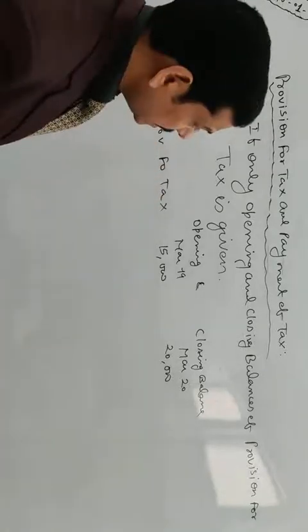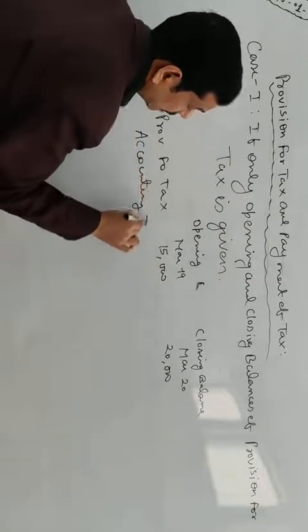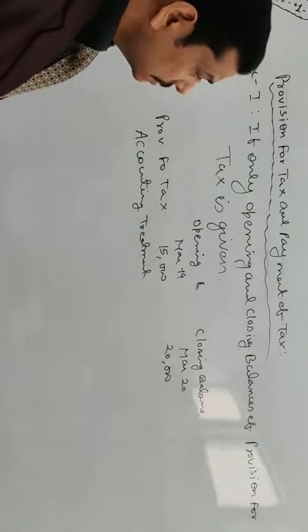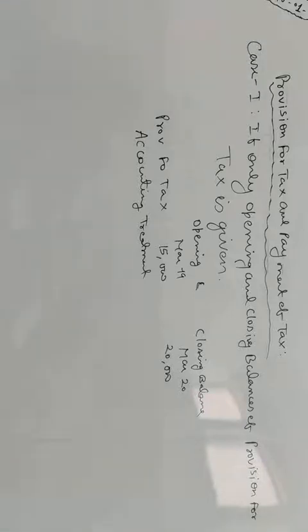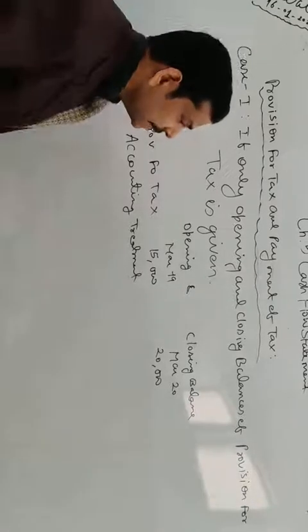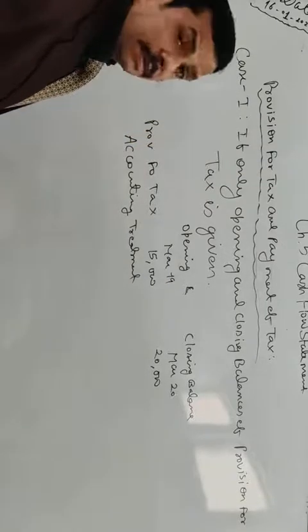Clear? Now the accounting treatment, if only two balances are given. So if the opening and closing balances are given, the previous year figure will be taken as the amount of tax paid. Clear?